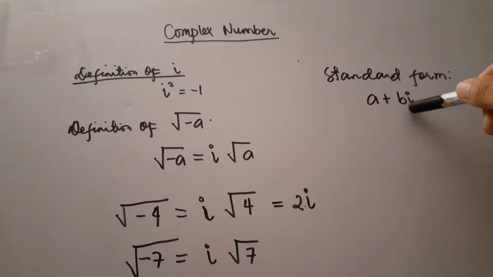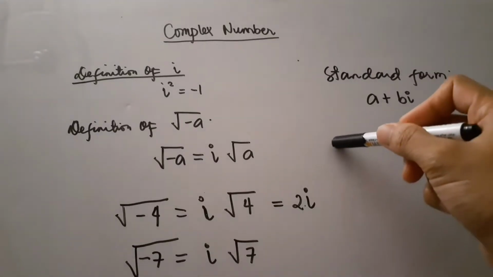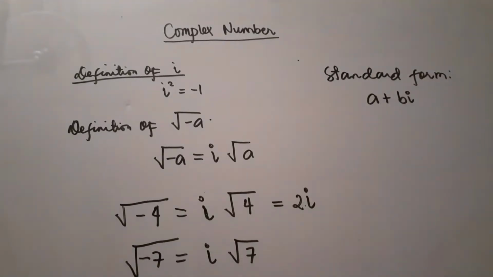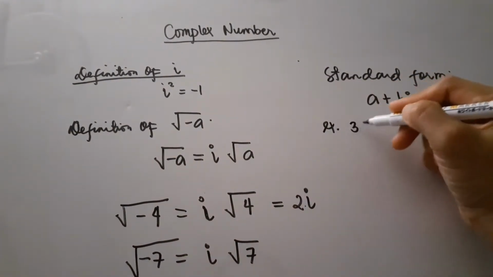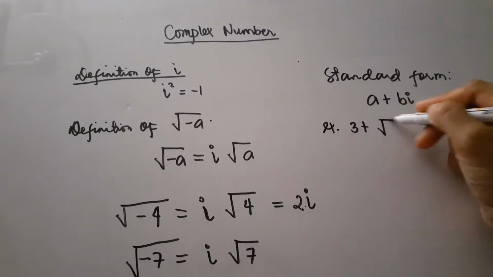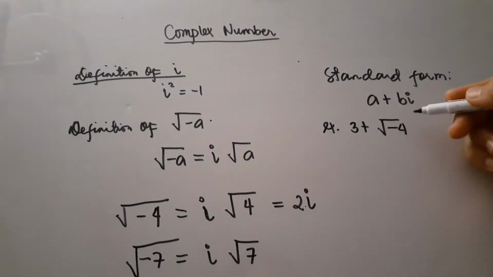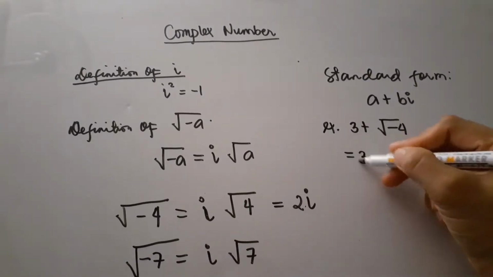We can use the standard form, which is a plus bi. Then if a and b are real numbers and i is the imaginary unit, then a plus bi is called a complex number. We use this standard form, a plus bi.